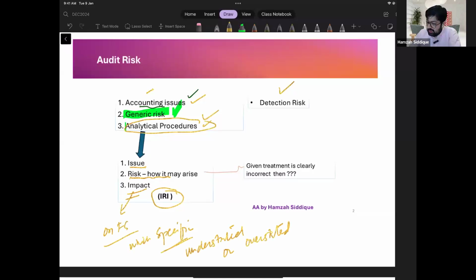So for the analytical procedures, for example, receivable days are increasing, inventory days are increasing from last year. So this is the issue: inventory days increased from 10 days to 15 days, and receivable days increased from 20 days to 30 days, for example. Now, what is the risk? The risk is that receivables are taking more time to pay.